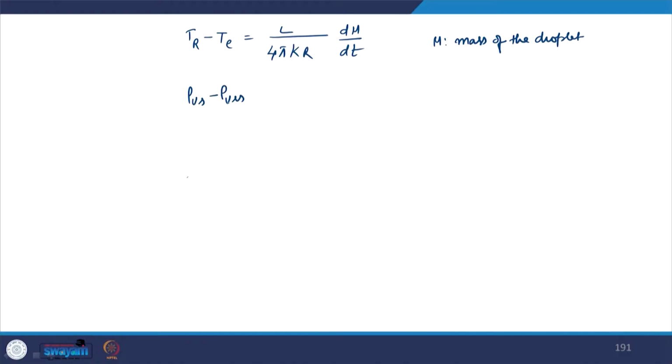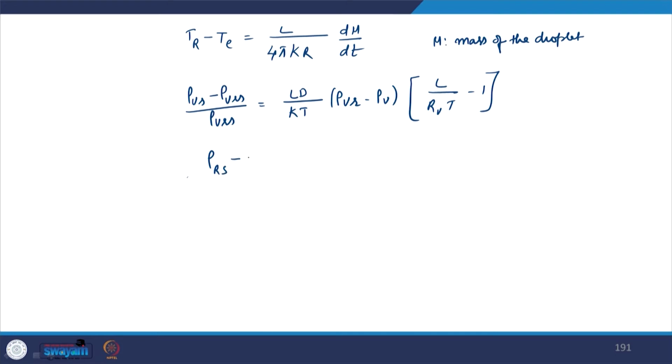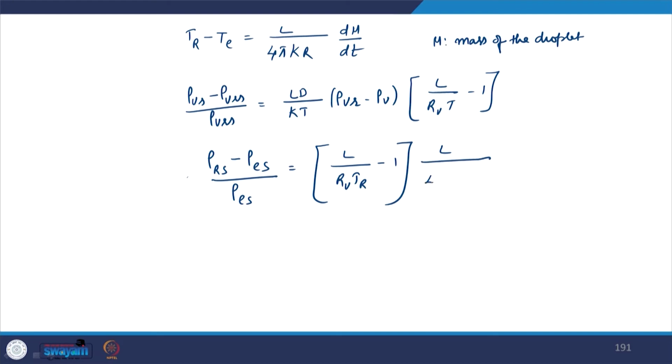We can now combine these 3 equations as (rho_vs − rho_v,rs) divided by rho_v,rs is equal to L D by K T times (rho_v,r − rho_v) times (L/(R_v T) − 1), or (rho_rs − rho_es) divided by rho_es is equal to (L/(R_v T_r) − 1) times L/(4 pi K r T_e) dm/dt.